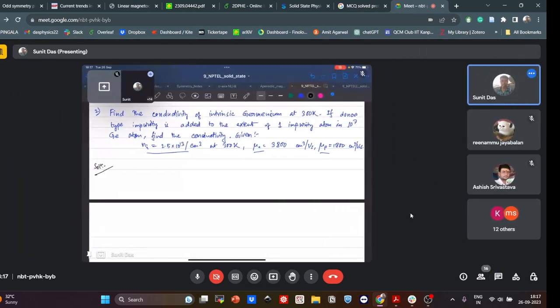No. So we have to find the conductivity after adding the impurity, right? And effectively the concentration of impurity is given because one atom is added per 10 to the power 7 germanium atoms. Okay, so let me solve it.